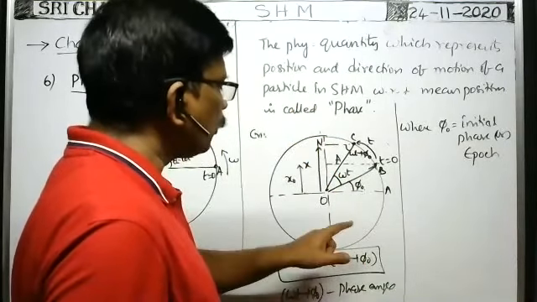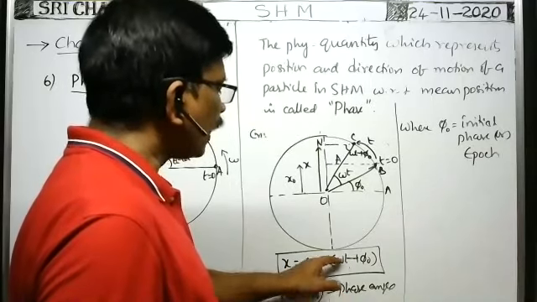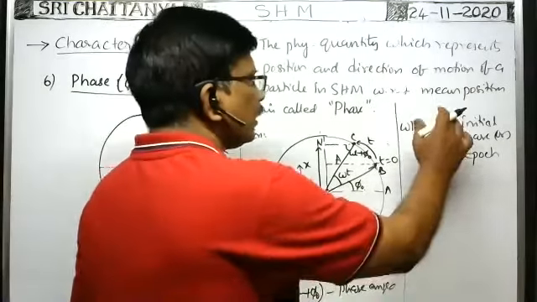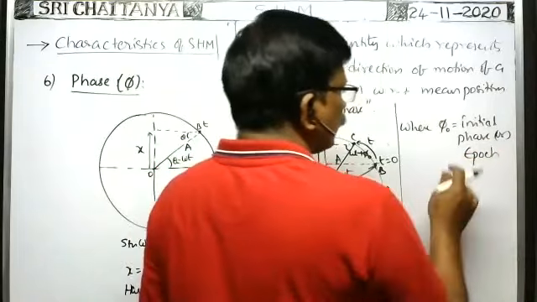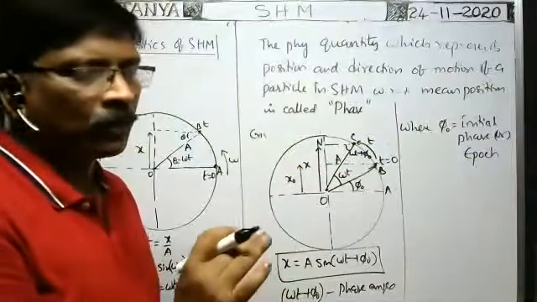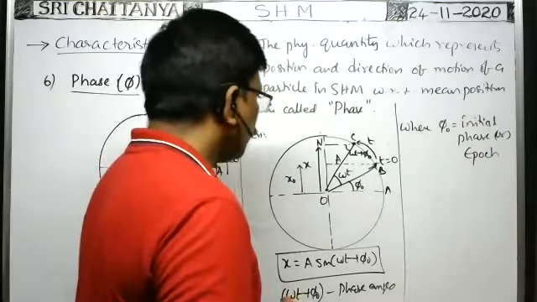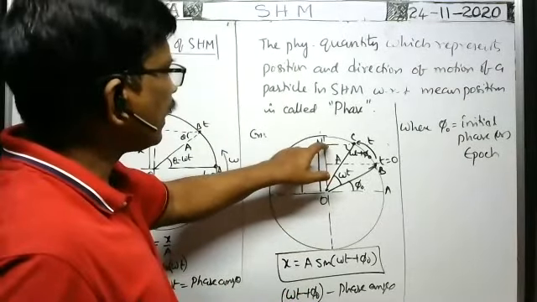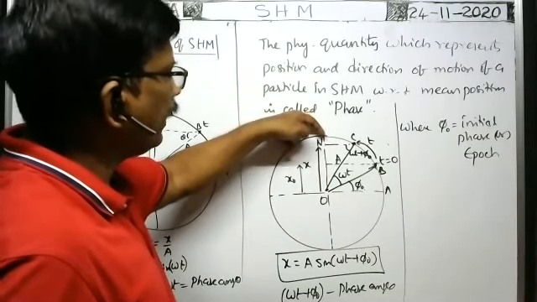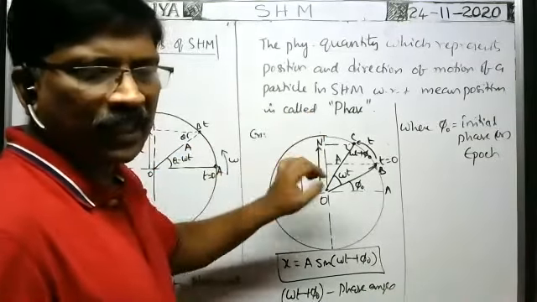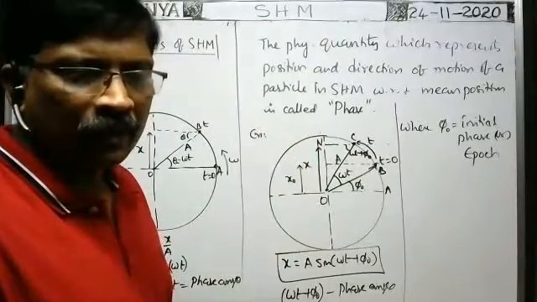In this phase angle, when you put t equal to 0, whatever phase angle you get is called the initial phase, or epoch. So in order to obtain the initial phase or epoch, we have to put t equal to 0. Note that this projection does not lie exactly at the extreme position, but a little below it. That's why this x is not equal to a.